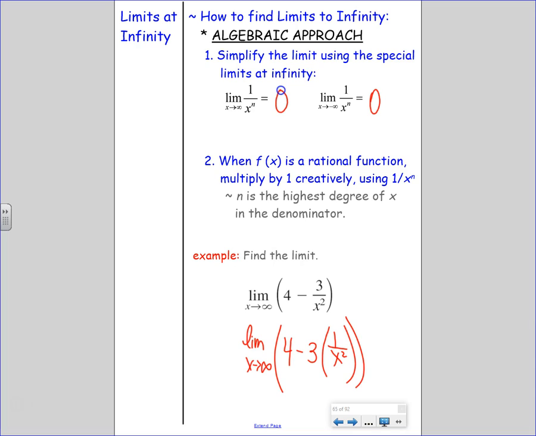And what did I just say up above is true for any 1 over x to a power as you go to infinity or negative infinity? What's that guy headed to? Yeah. So the crazy thing is we can say, oh, hey, since that's approaching 0, this is the same thing as 4 minus 3 times 0, which just equals 4.